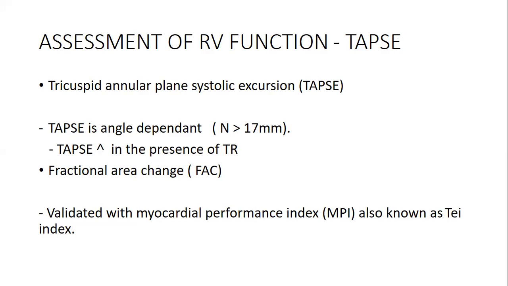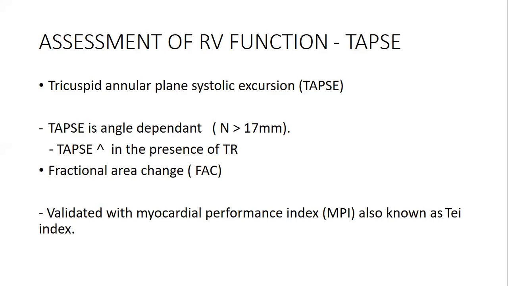So I'm going to discuss the TAPSE. TAPSE is actually tricuspid annular plane systolic excursion. The question is, how do we do this one? This is a parameter that is actually validated, and it has also shown correlation with the right ventricle ejection fraction when you do radionuclide angiography.